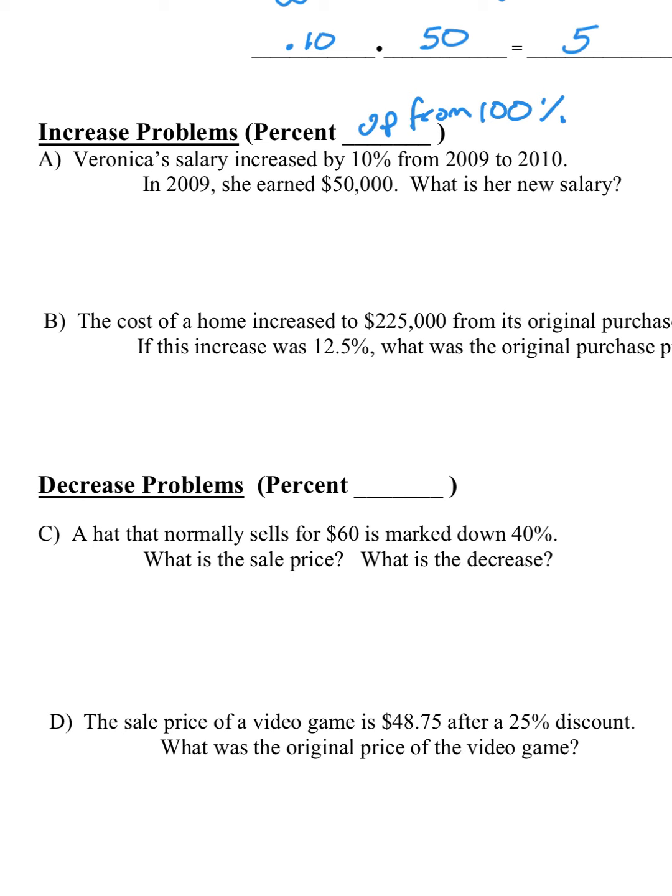So, if we start at 100%, we went up by 10%. That means we are now at 110%. Okay? So we take 110%, we take the decimal, move it twice, and it becomes 1.10.